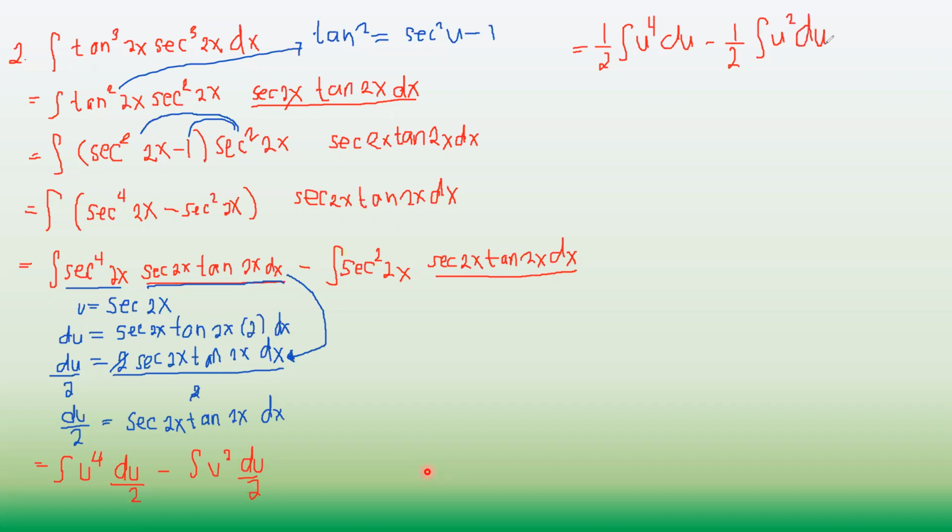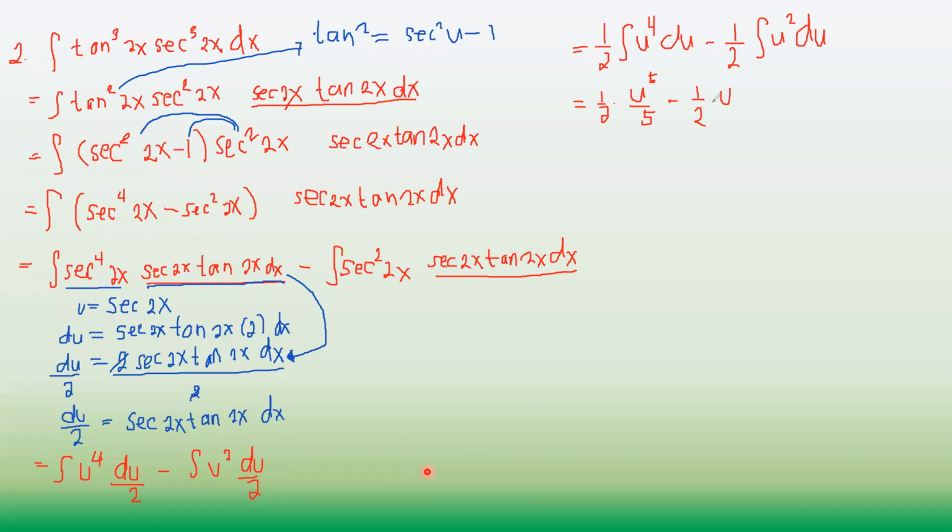Again, we're going to apply u raised to n na equals sa u raised to n plus 1 over n plus 1. We will have 1/2 times u raised to 4 plus 1 over 4 plus 1 minus 1/2 times u raised to 2 plus 1. Magiging 3 na siya.